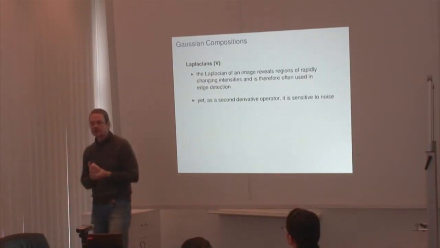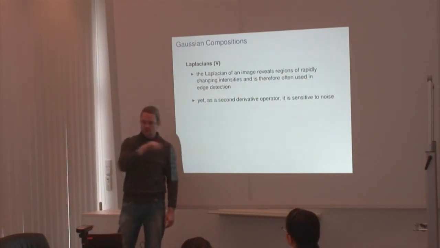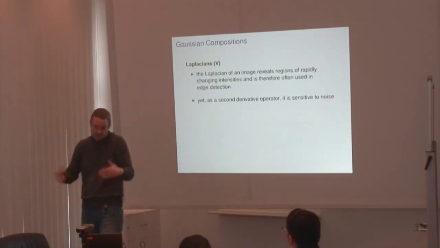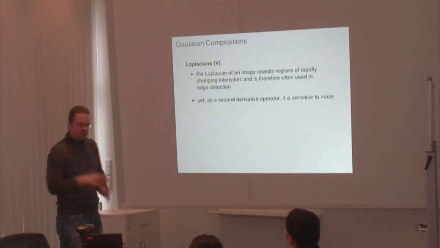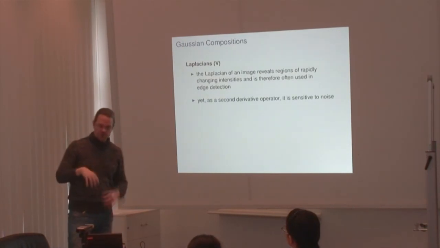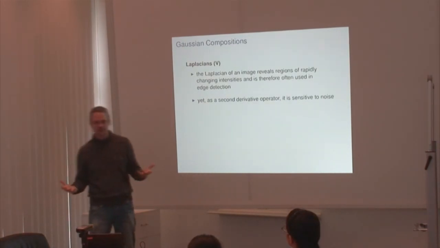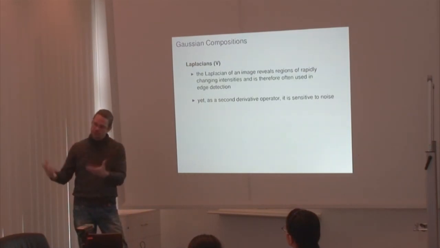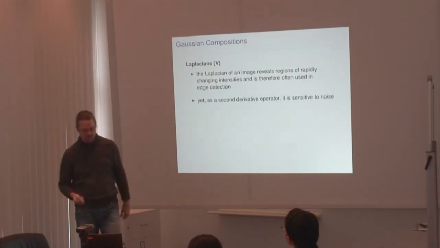But maybe that short peak should not be there, it's just salt and pepper noise, maybe just noise. So derivatives are used to detect edges, but if there is noise in the image, they may confuse noise for edges. So this is not desirable.